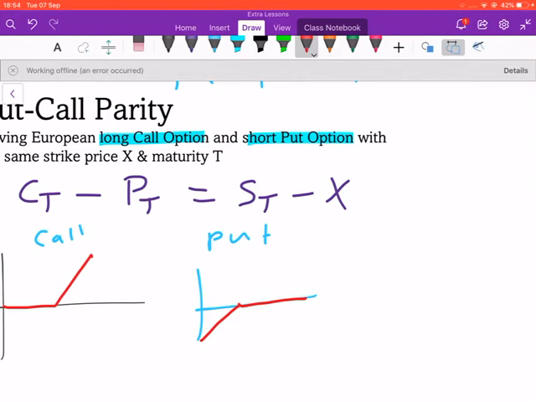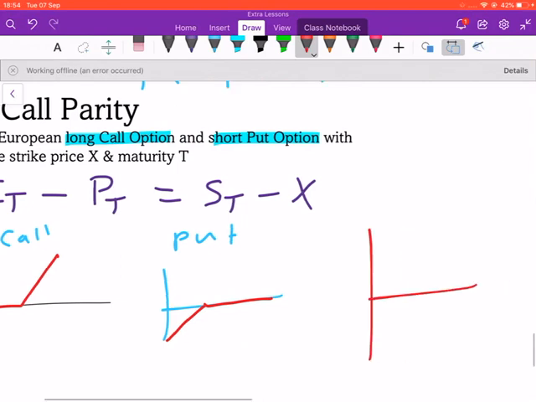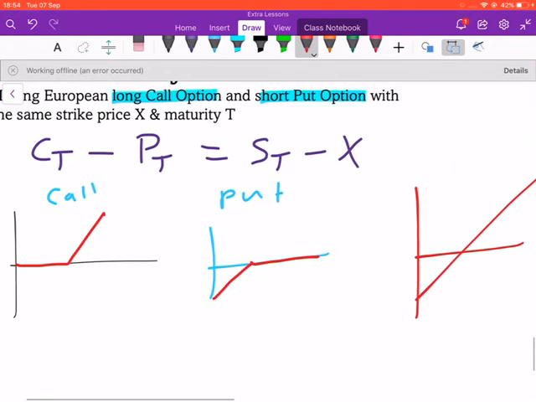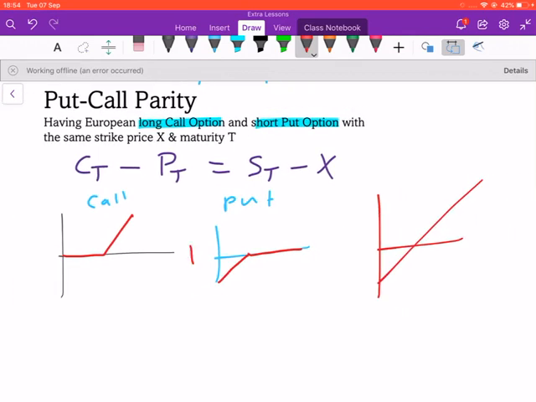And then for your forward, it's going to look like this. So when these two are combined, they should actually be equal to this one over here. They should actually be equal to a forward contract.